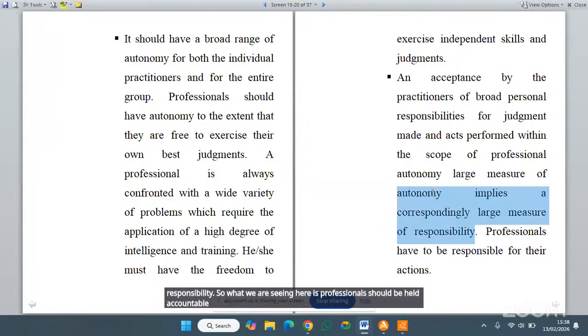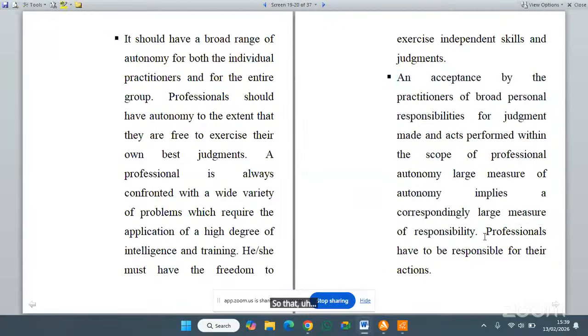They should be responsible for their actions, so that if they act independently and make judgments based on their intellect, they should make decisions that they are ready to be held to account for.